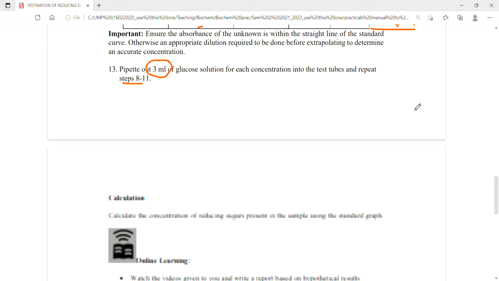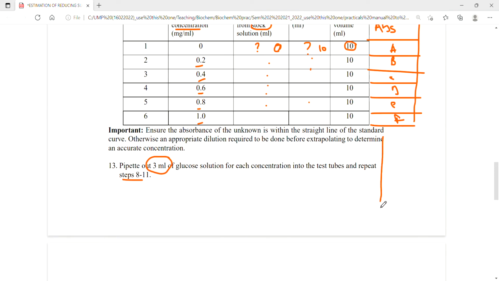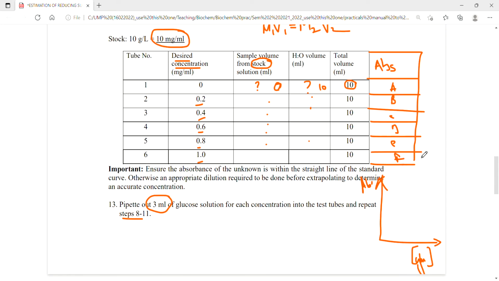Hopefully by having all this, you can build the graph of absorbance over concentration of glucose. So take the A, B, C, D, E, F, and build that, and hopefully it's very good.